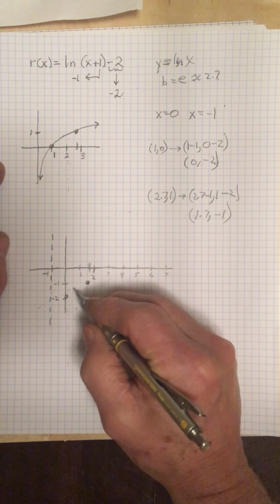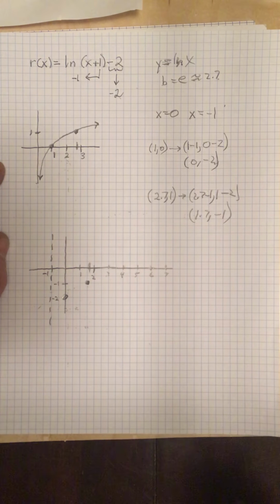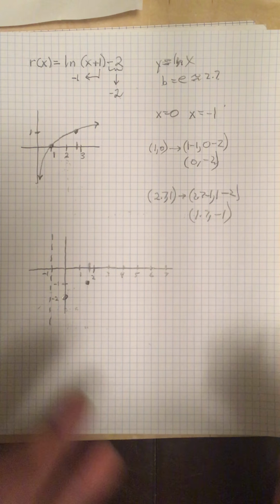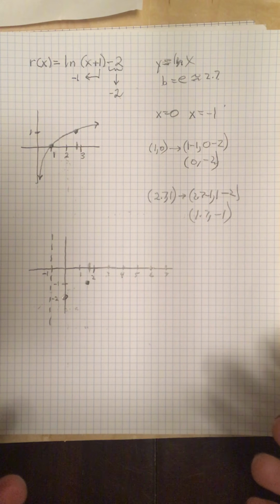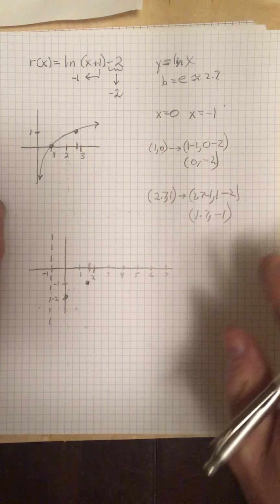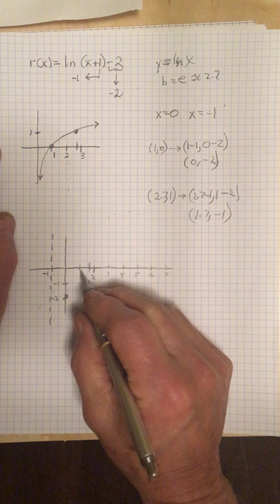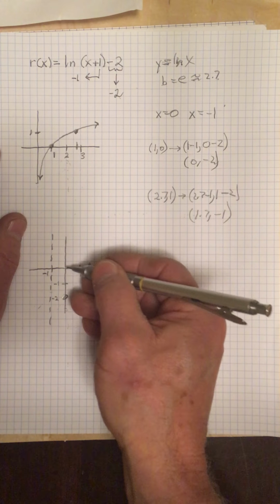Now I could go ahead and sketch this, but how do I get across the x-axis? It's a good idea to, since we lost our x-intercept, calculate a new x-intercept. That gives you a good point for sketching. So again, if I want to know where I am when I cross x, at that point y is 0.